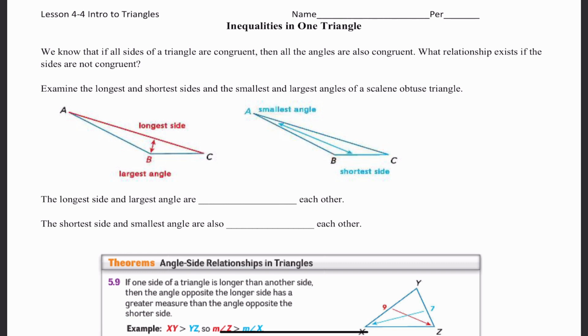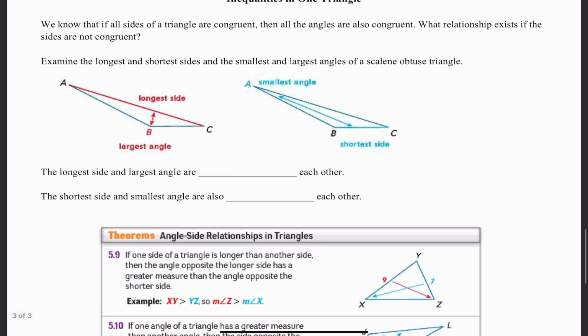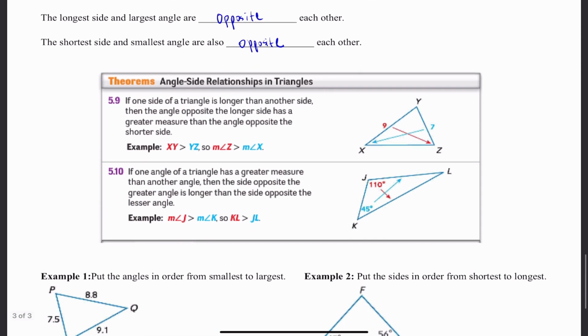So let's fill in the blanks. The longest side and the largest angle are opposite to each other, and the shortest side and the smallest angle are opposite to each other. Here's the relationship.